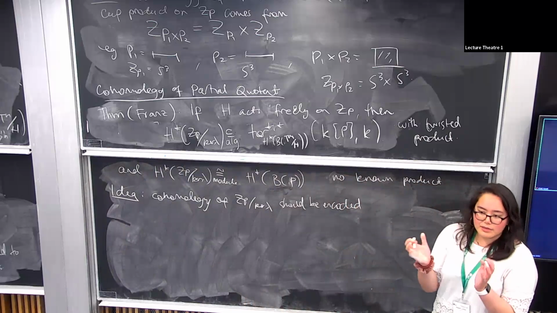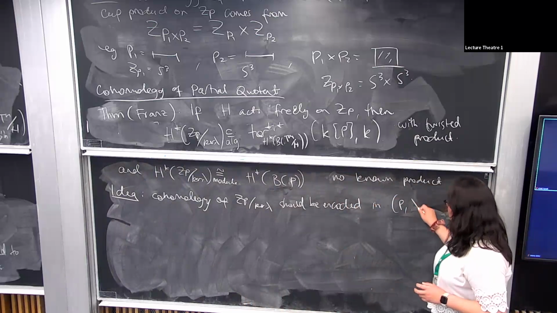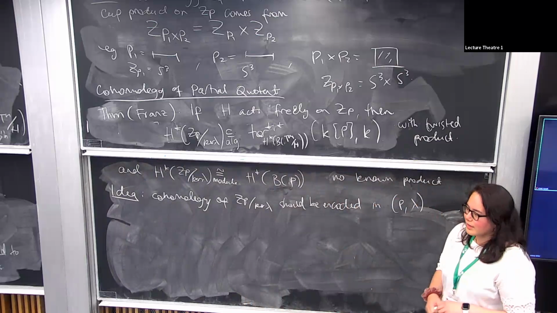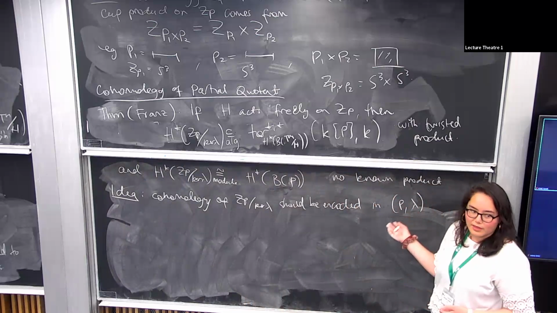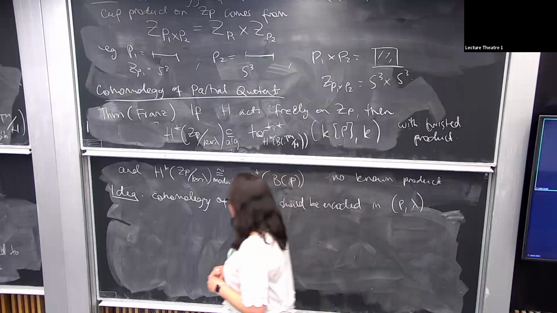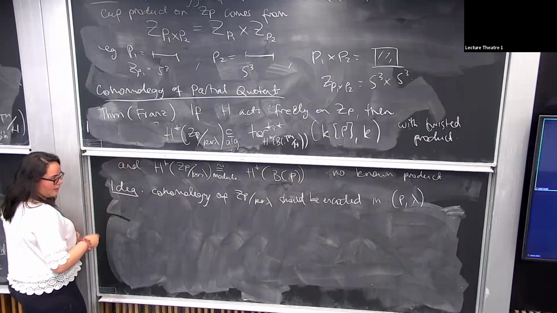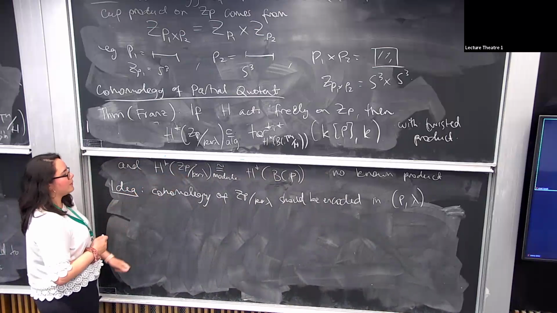We really need to hold the lambda as well. So it should be somehow encoded in both P and lambda. We want to have some combinatorial object that carries information from both of these two things at the same time. And in particular, ideally, we want to get to where we could see the cup product structure.